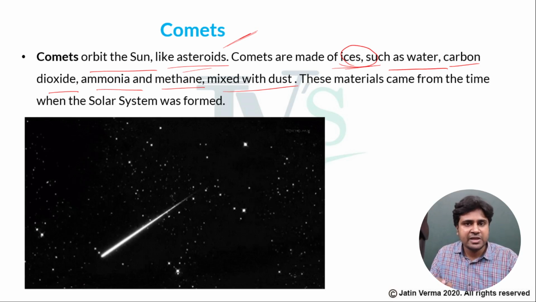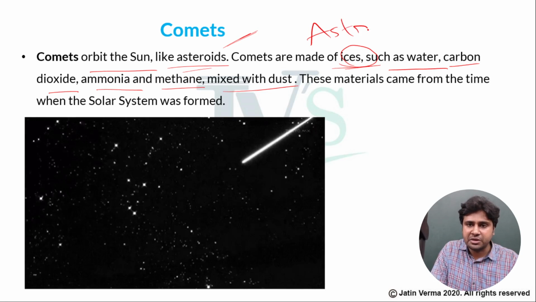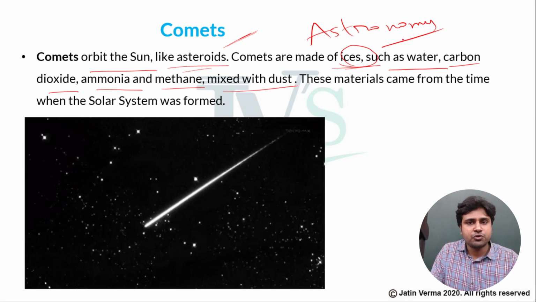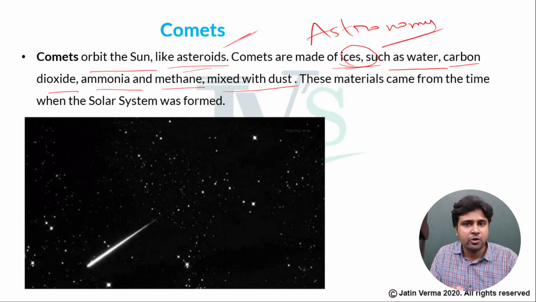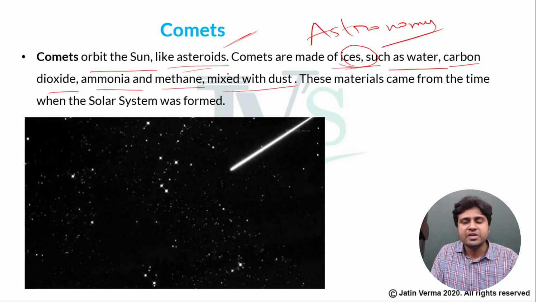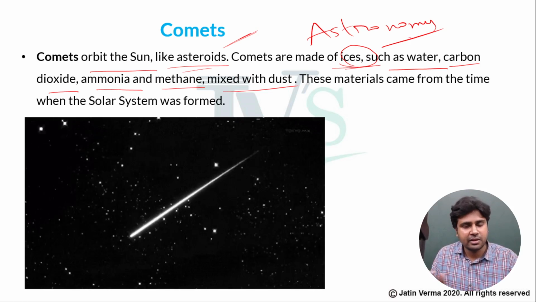The meaning of ice, which we know, and the meaning of ice according to astronomy is different. In astronomy, ice means volatile compounds such as ammonia, methane. Okay, so these volatile compounds are ices in astronomical terms. Clear?